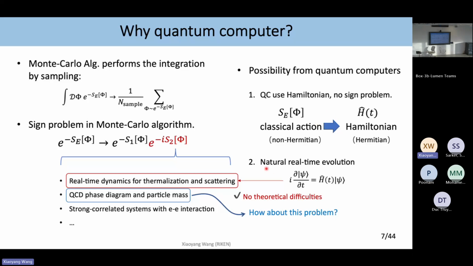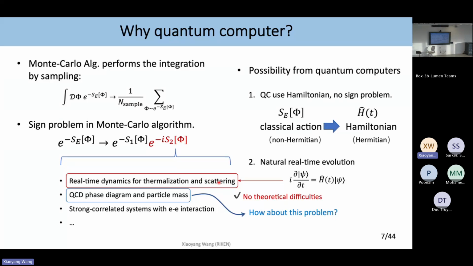Additionally, the quantum computer is very natural for performing real-time evolution because the natural evolution of a quantum system follows the Schrödinger equation. So for real-time dynamics to study thermalization and scattering, there is no theoretical problem.